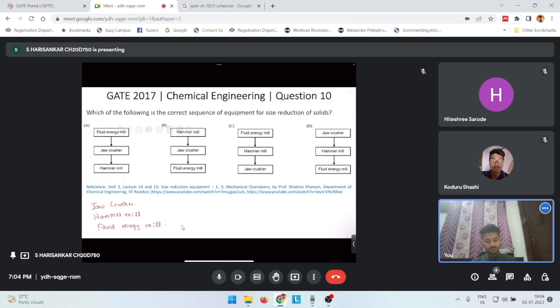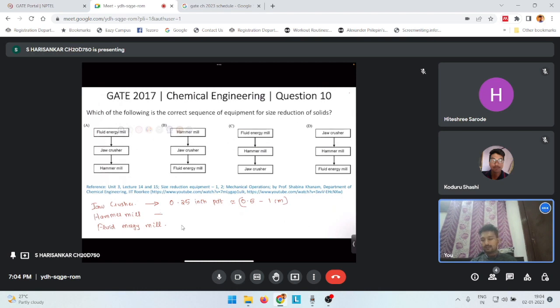So jaw crusher is a type of crusher which usually turns your feedstock into products in the range of 0.25 inches, or this is approximately 0.5 to 1 centimeter.